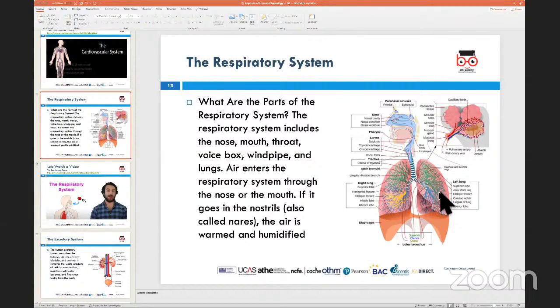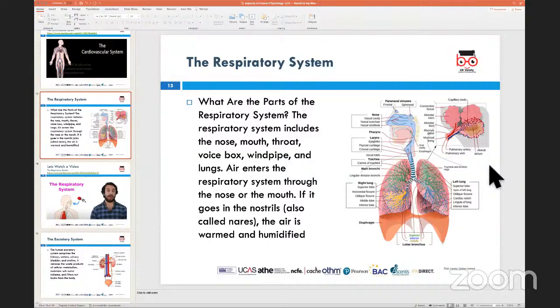Apart from that, respiration happens in conjunction with the cardiovascular or circulatory system, because the actual carrying of oxygen in the human body is done by the red blood cells. The hemoglobin in the red blood cells binds with the oxygen and carries it to all parts of the body, because the blood flows to all the different parts, and all the organs require oxygen to create energy and carry out their functions.